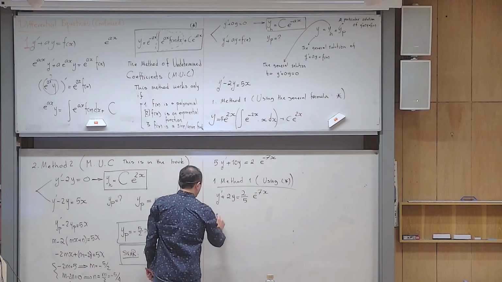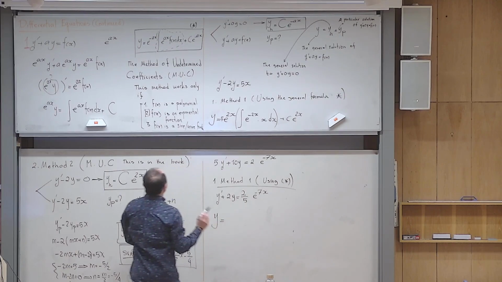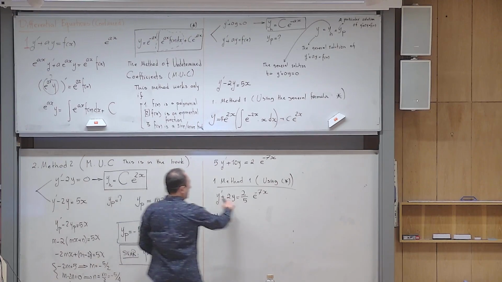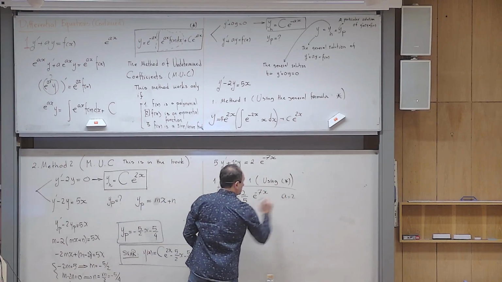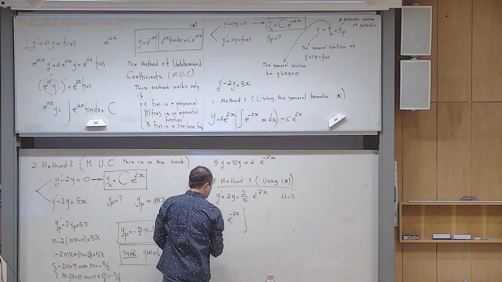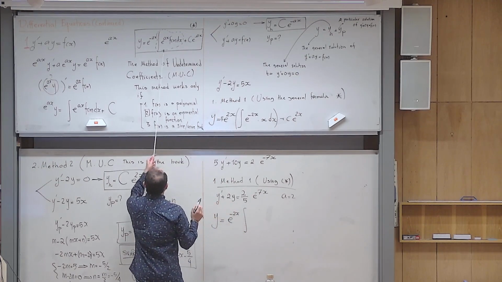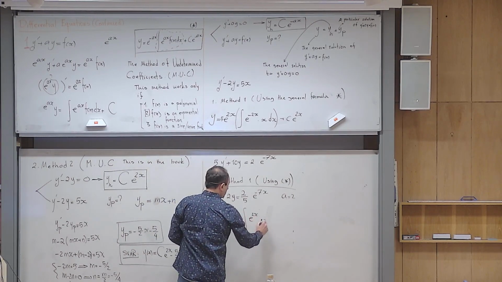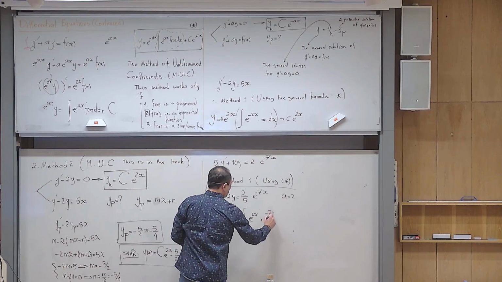So y becomes what? I have e to the power of minus ax. Here a is positive 2. So this becomes e to the power of minus 2x integral. I have e to the power of positive ax, which is e to the power of 2x, multiplied by e to the power of minus 7x.